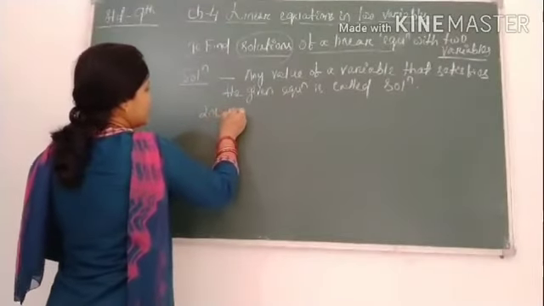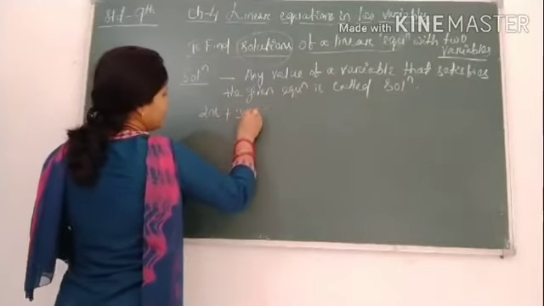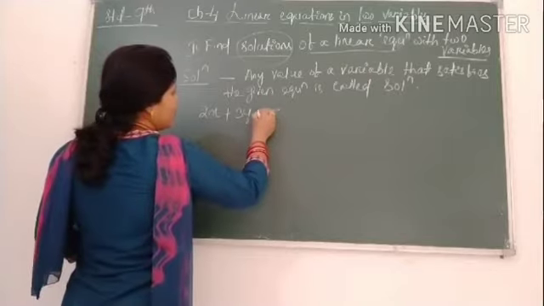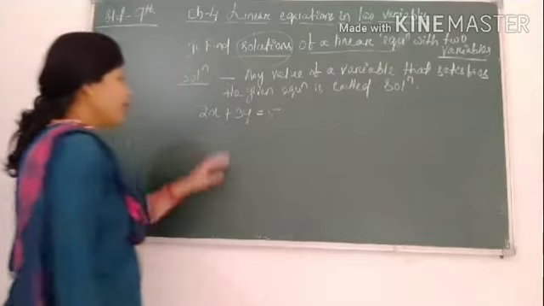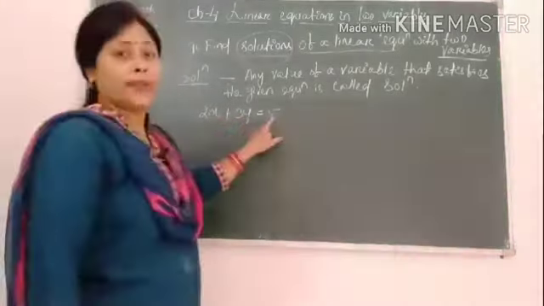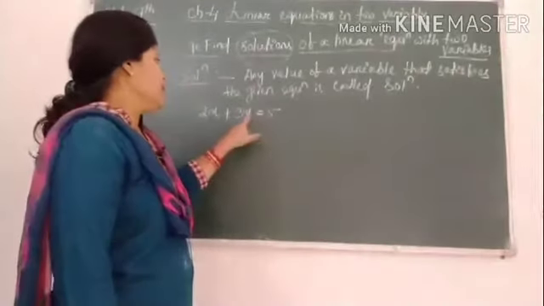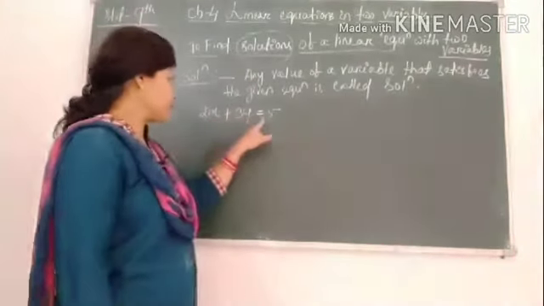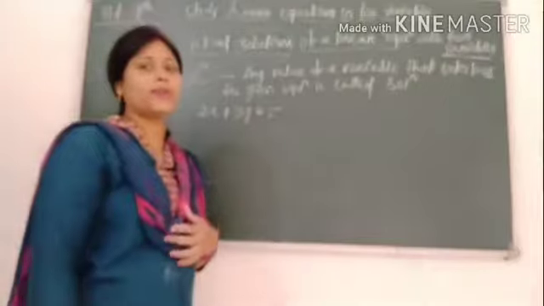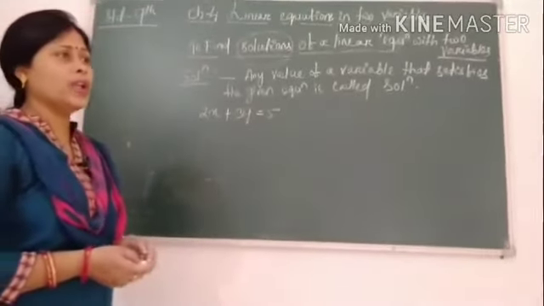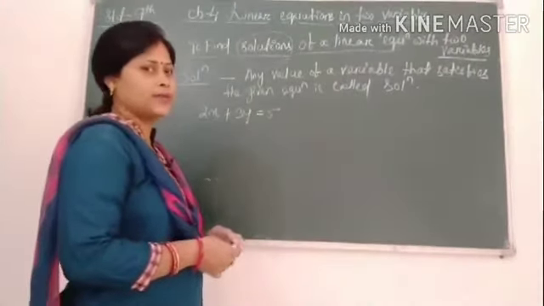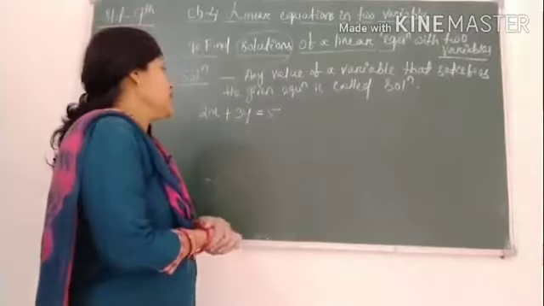So my example is 2x plus 3y is equal to 5. Whenever this type of equation is given to you, you will not get a perfect solution of this.